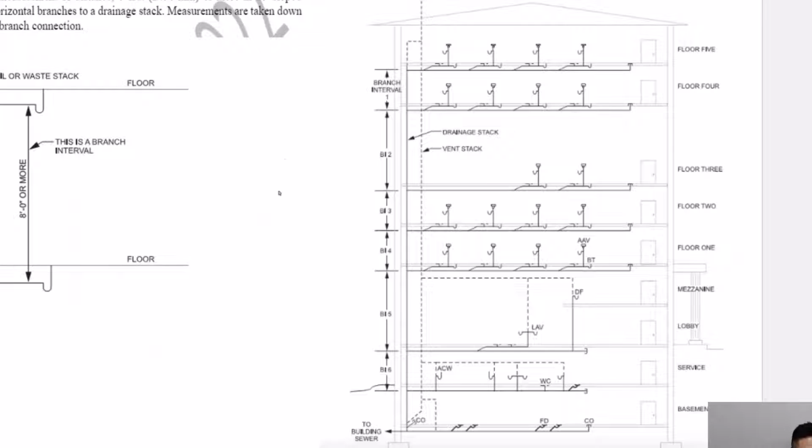So looking at this diagram to the right, which is for a larger building with more floors, you'll see that the branch interval is basically considered every floor. If you look here, this floor, which is a high ceiling floor, would be considered one branch interval as it's more than the 8 feet. So generally, you could consider every floor of a building a branch interval.